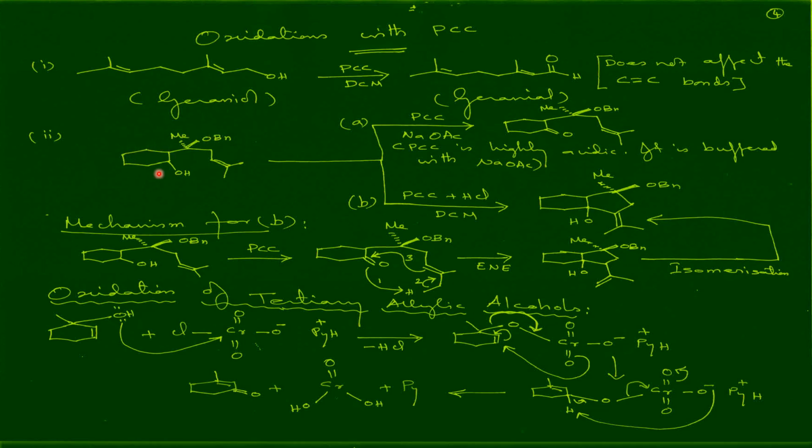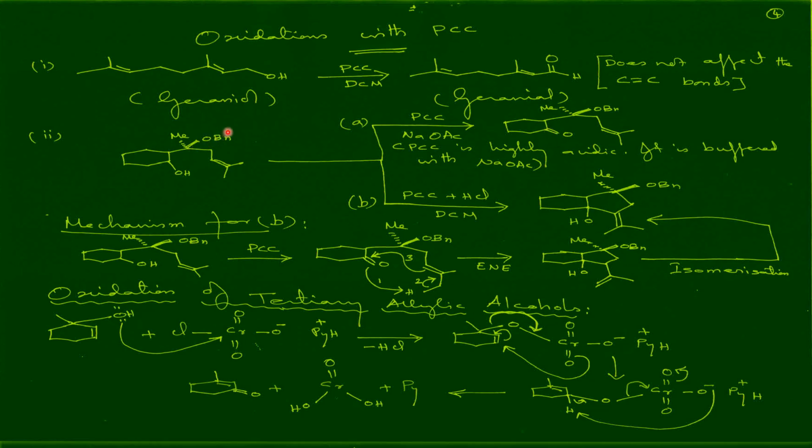This secondary alcohol reacts with the pyridinium chlorochromate along with sodium acetate. Pyridinium chlorochromate is highly acidic and it is buffered with the sodium acetate. So PCC buffered with the sodium acetate gives the oxidized product, a ketone. The secondary alcohol is oxidized to ketone.